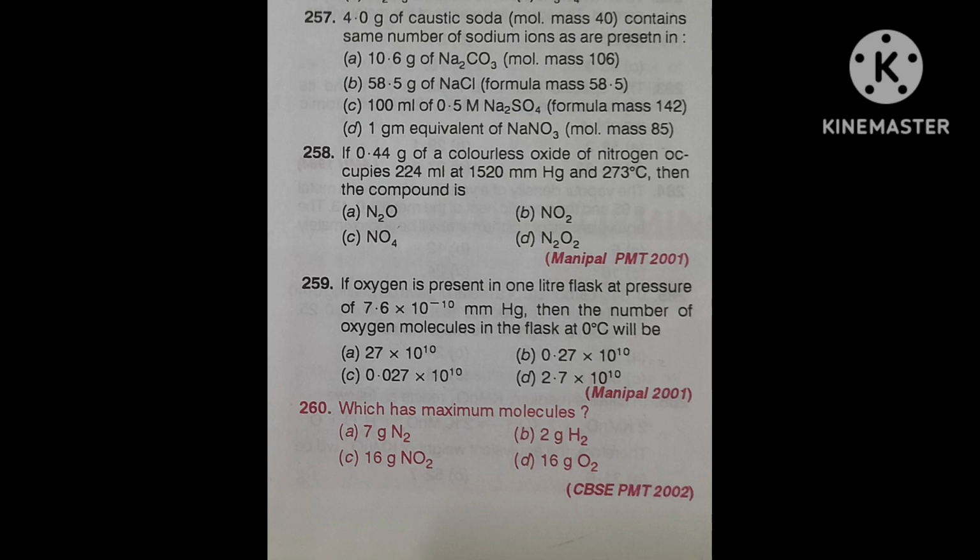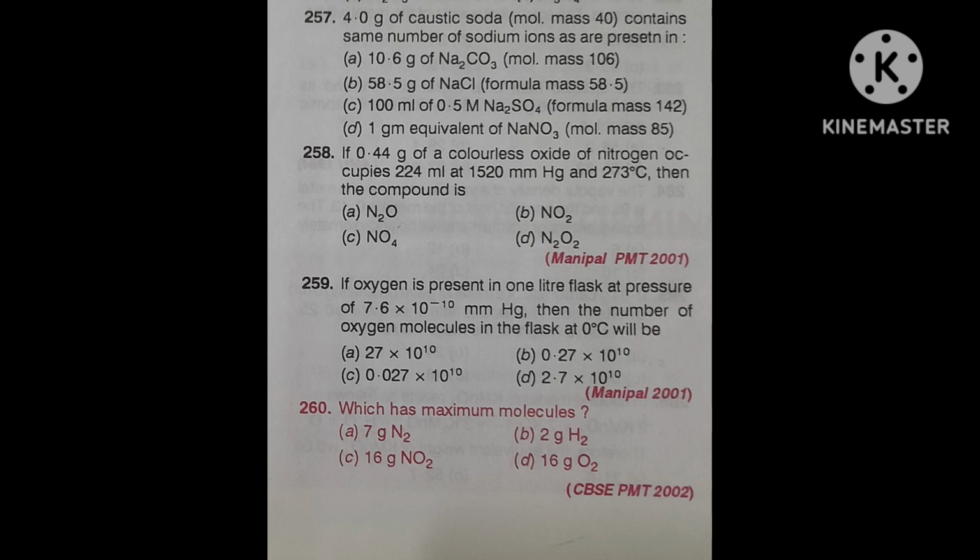One more time I am reading the question. If oxygen is present in 1 liter flask at pressure of 7.6 into 10 to the power minus 10 mmHg, then the number of oxygen molecules in the flask at 0 degree centigrade will be.